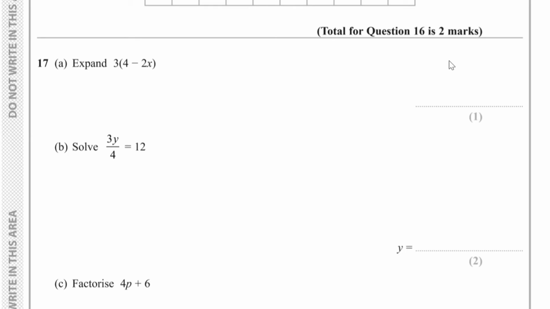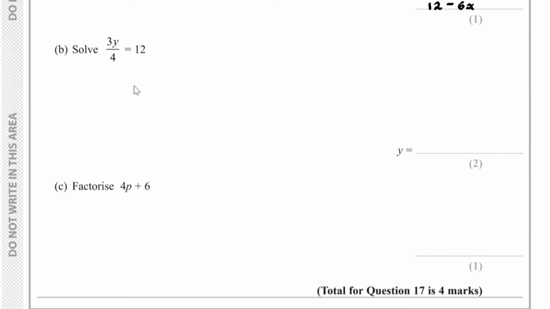Question number 17. We have to expand 3 multiplied by 4 minus 2x. 3 times 4 is 12. 3 times negative 2x is negative 6x. For part B, we have to solve 3y divided by 4 equals 12.